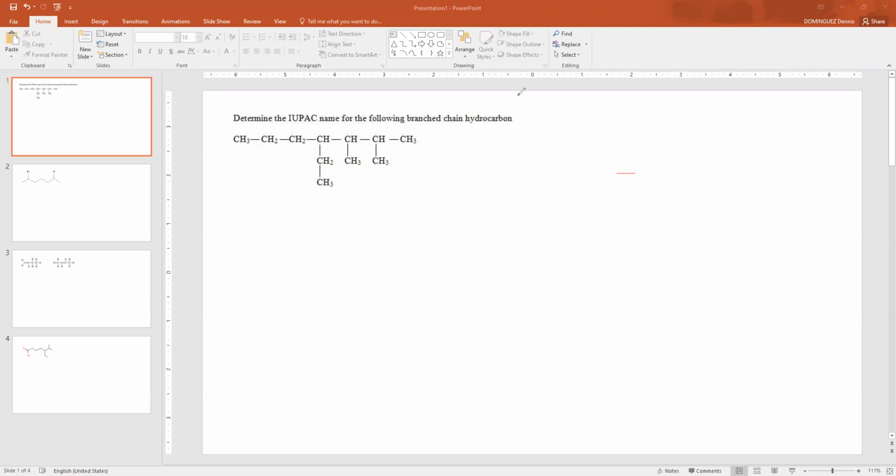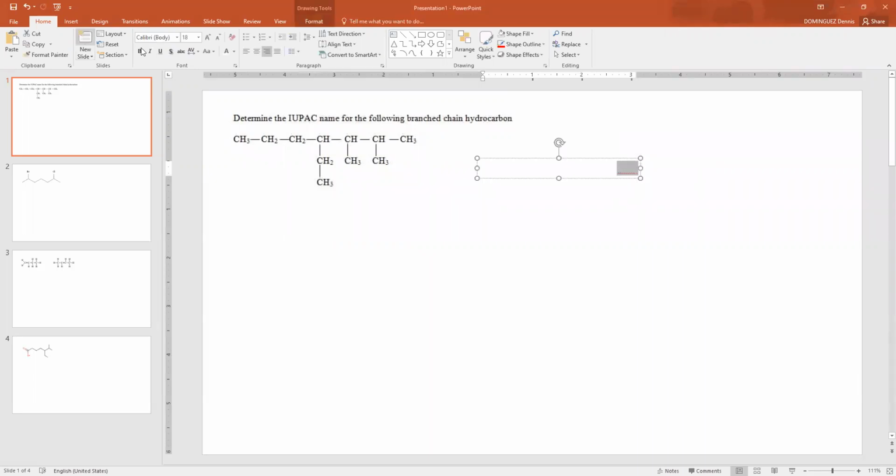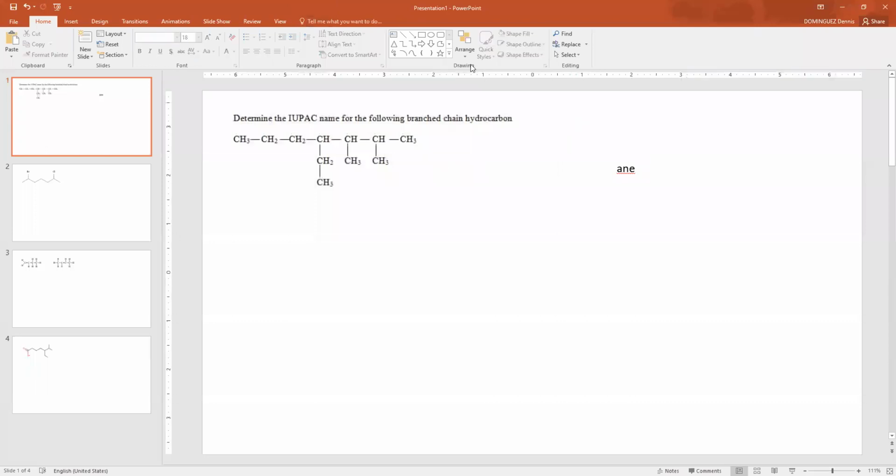The end of the IUPAC name of this compound must be ANE. Now, after securing the family of this compound, we know it's alkane. We'll find the longest chain of carbon that is successive and uninterrupted. Let's try to count. 1, 2, 3, 4, 5, 6.